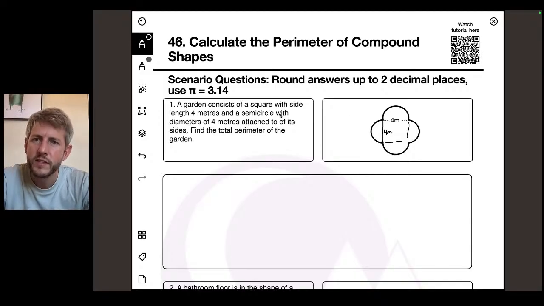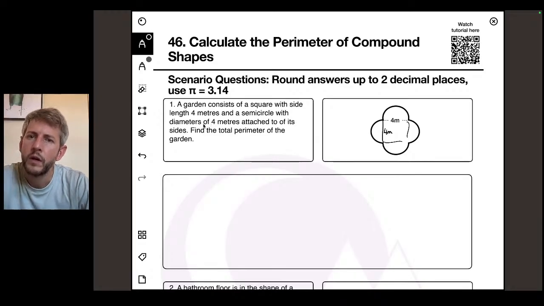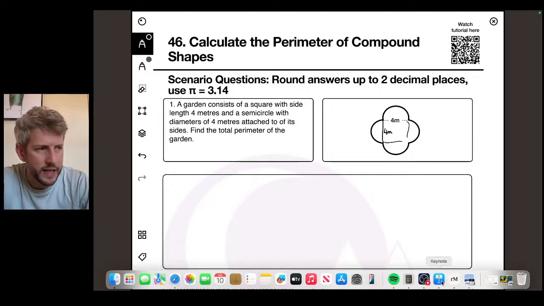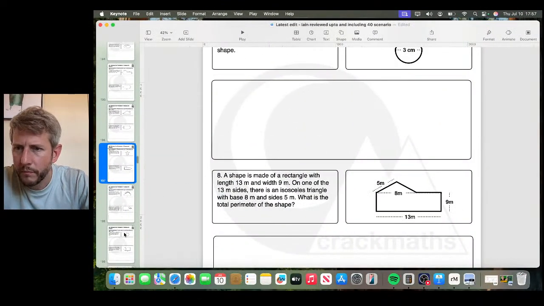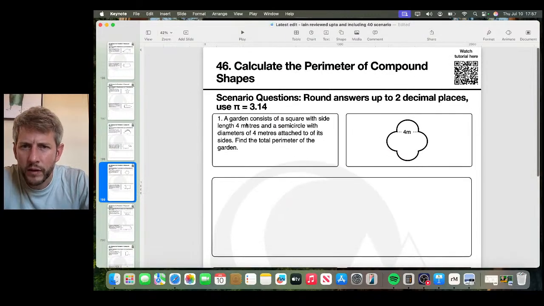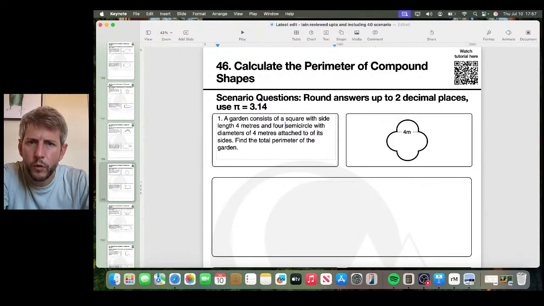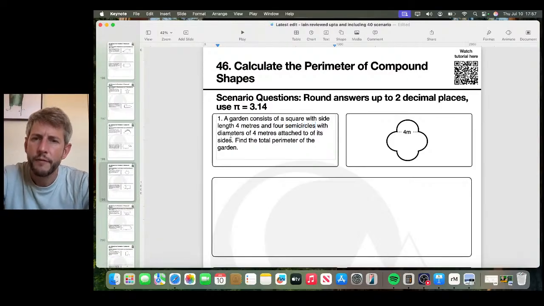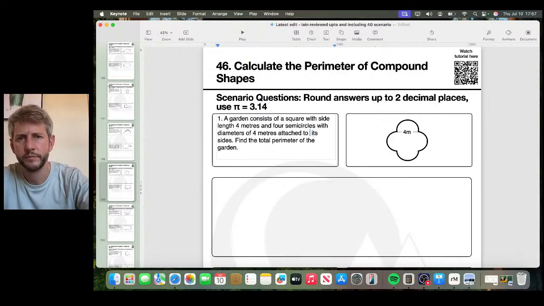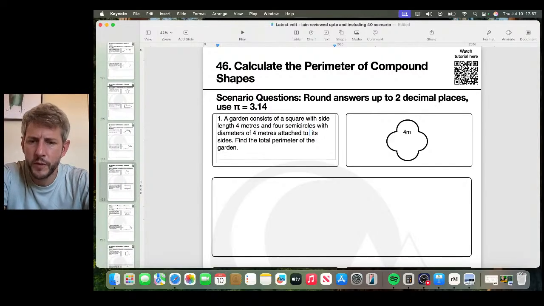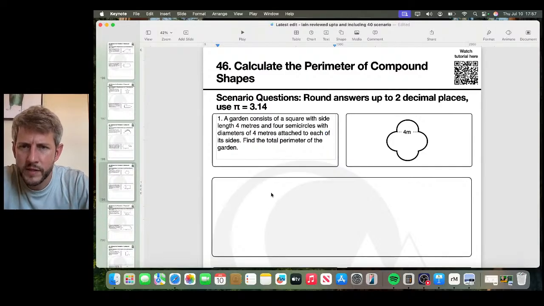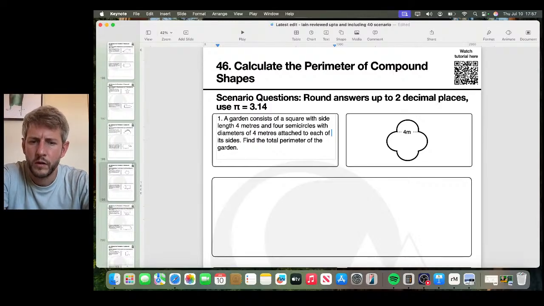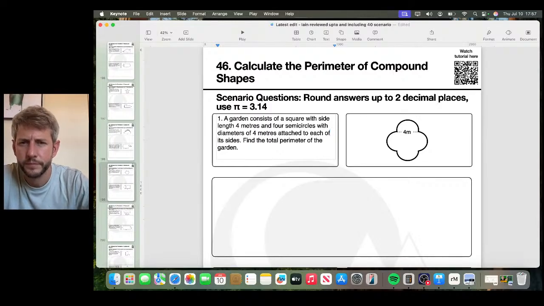A garden consists of a square with side length 4 meters and 4 semicircles with diameters of 4 meters attached to each of its 4 sides. I think that's obvious now.